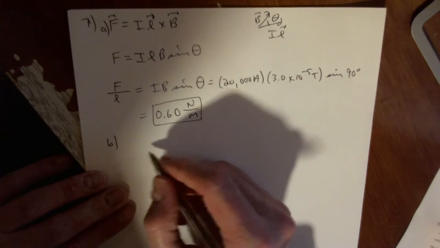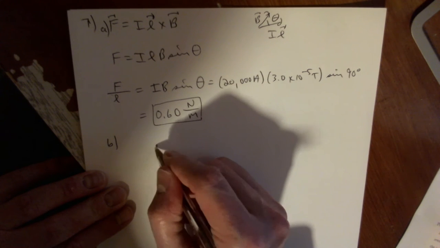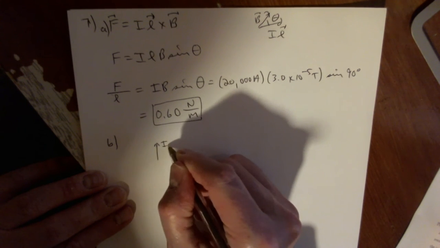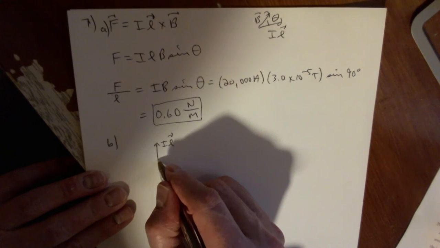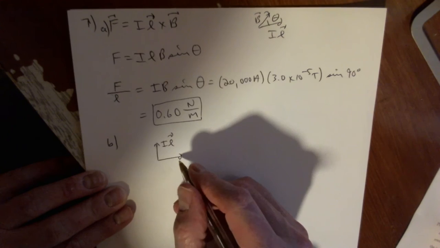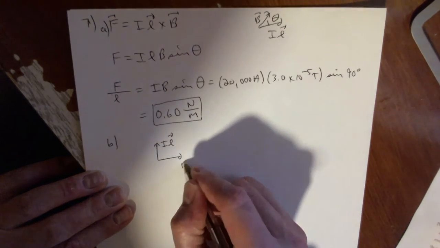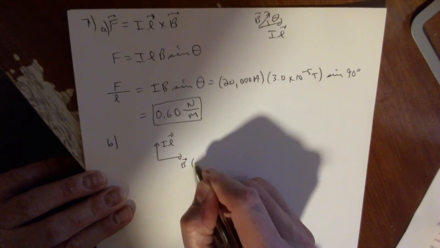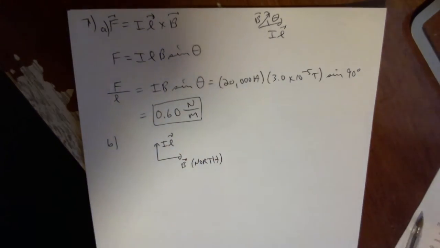Okay, so the current is up, so that's IL, and we'll say that this direction is north. That's the direction of the B field. And so we do our right-hand rule.